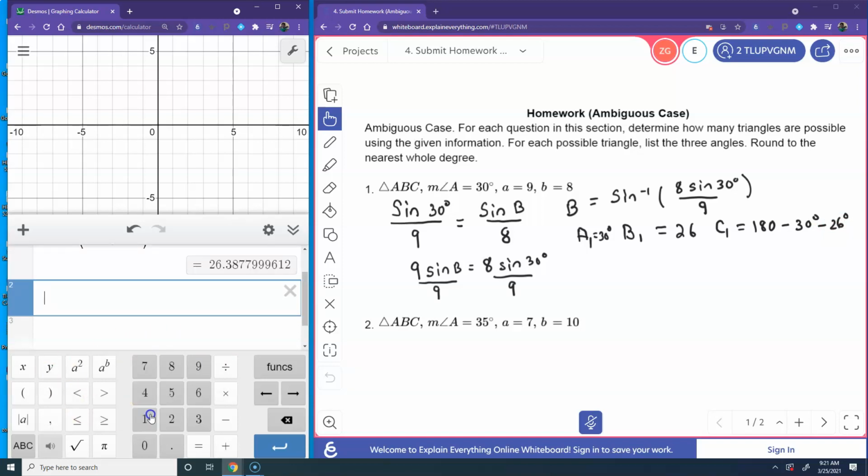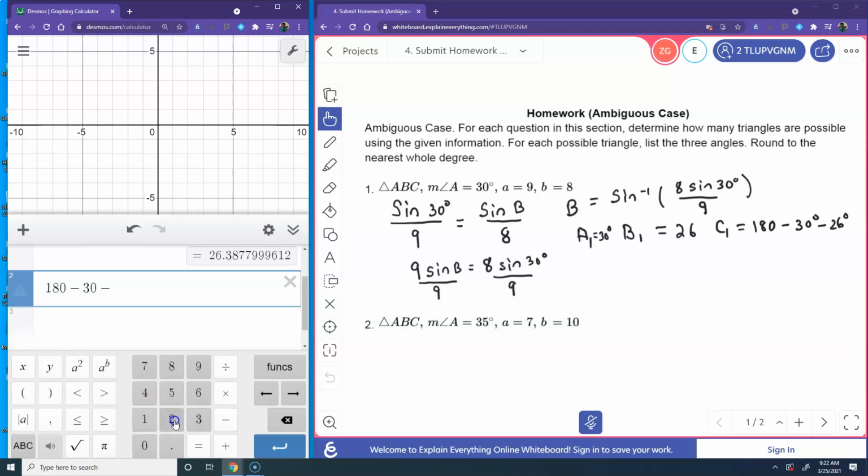So we have 180 minus 30 degrees minus 26. And so we get a positive angle, so C1 is equal to 124 degrees.